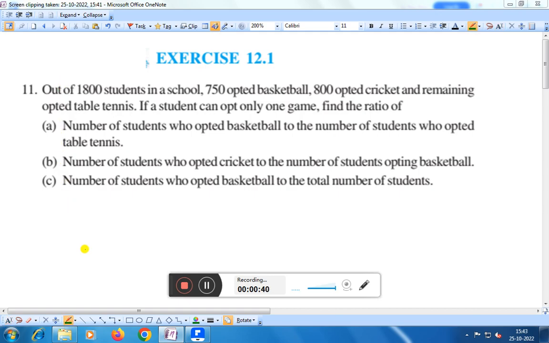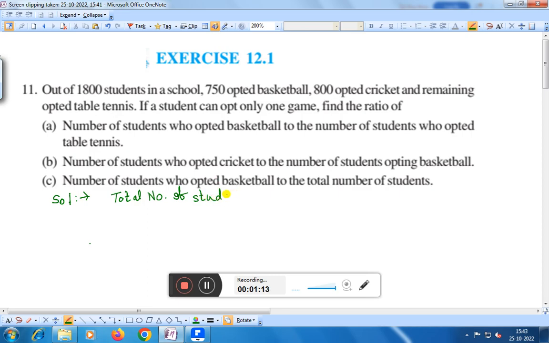First of all, we find the total number of students. Total number of students is equal to 1800.